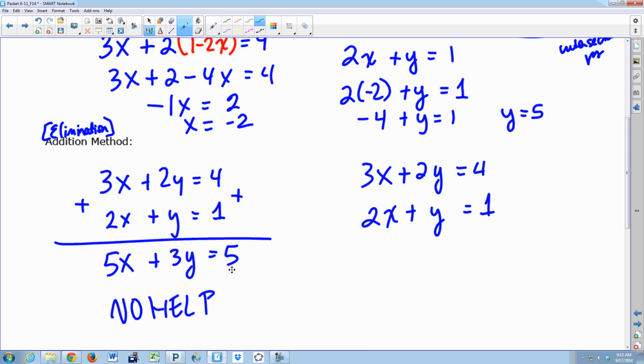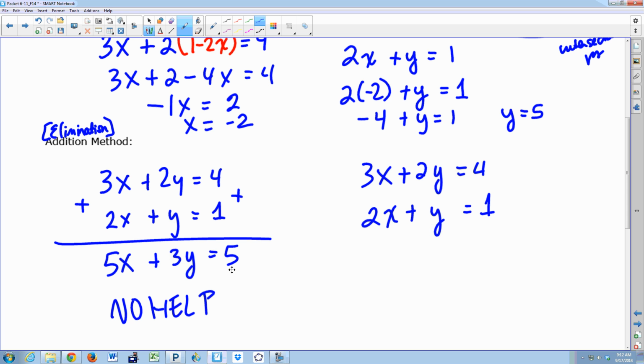So I always look for the easy way out. If I can get away with just multiplying one of the equations versus having to multiply both of them, that's the route I take. So you always look for this 1 in front of one of these variables, because if you make that say negative 2y instead of 1y, when you add them up, you're going to get a 0.